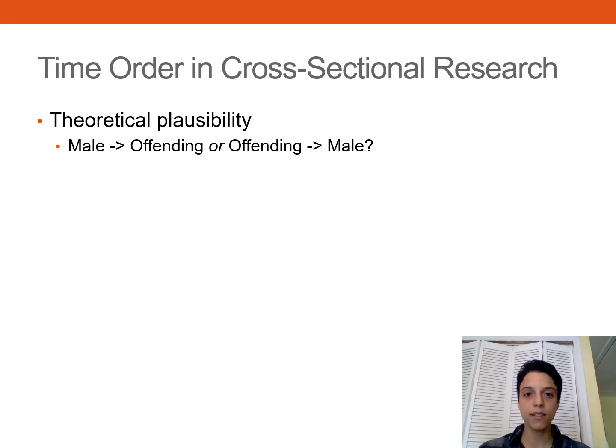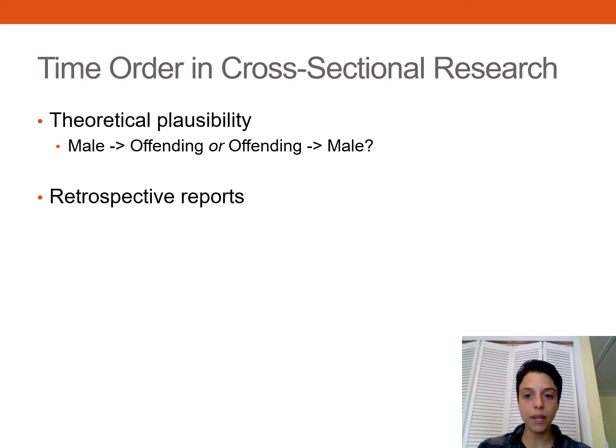And when we think about this theoretically, it makes sense that being male could make somebody offend more, but it seems pretty unlikely that offending is going to make somebody male. So here, even if you only had a cross-section of people and you were looking at the relationship between gender and offending behavior, you could be pretty sure, based only on that, that your causal direction, your time order, is that gender assignment comes first and offending behavior comes later.